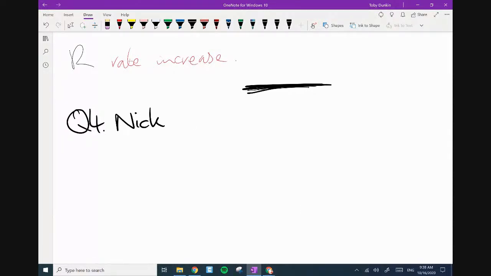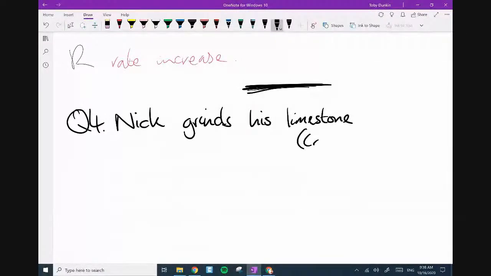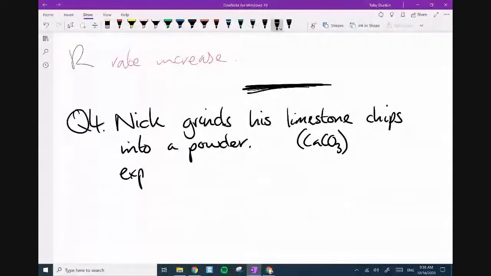Nick grinds his limestone, brackets calcium carbonate, his limestone chips into a powder. Explain the change in rate.